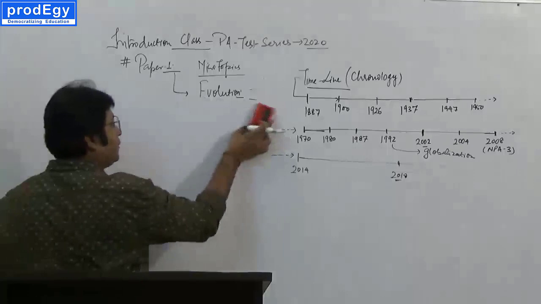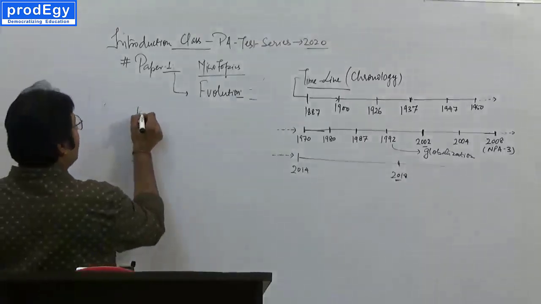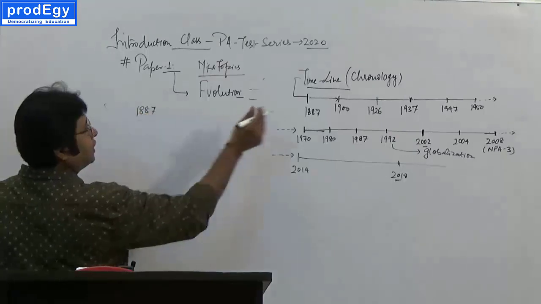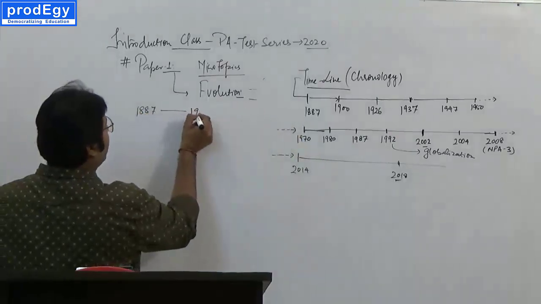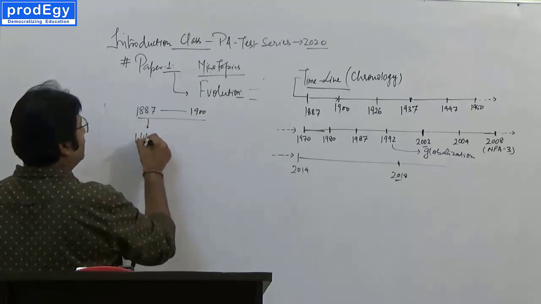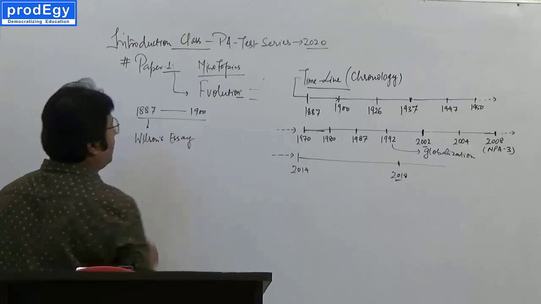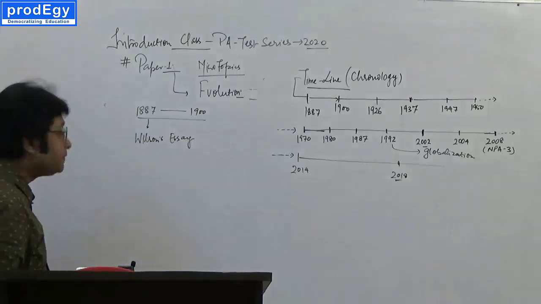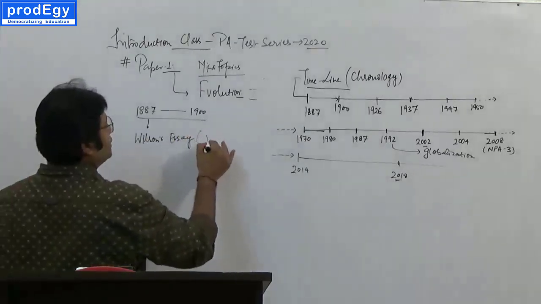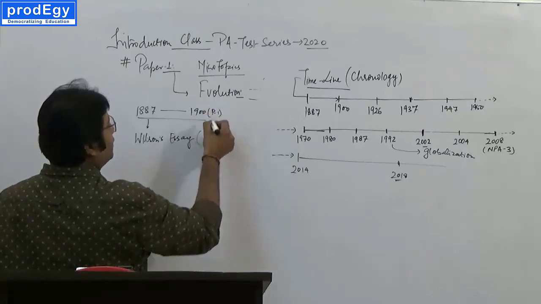Right? Now if you develop a timeline, obviously, the timeline will have its own developments. Right? For example, see, I am giving you an example, you can do it very well. 1887, now take 1890. Major contribution, Wilson's essay or Nicholas Henry's, basically paradigm 1 starts from here, right?